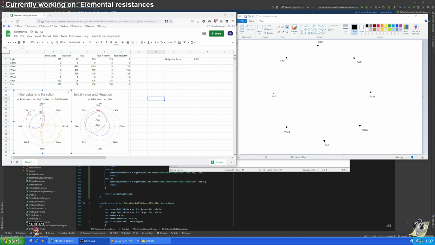As a result, we are getting fire to 150, so 1.5 of its initial value.